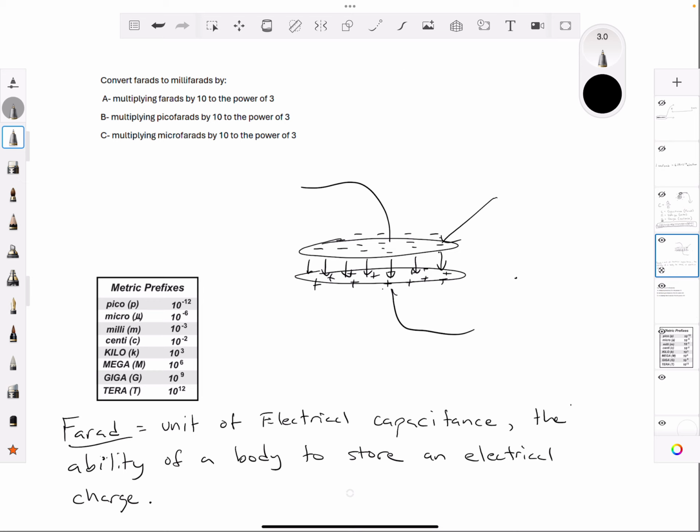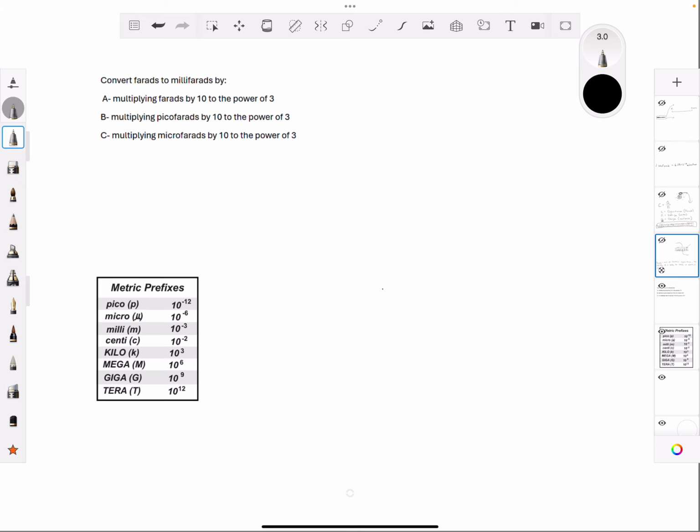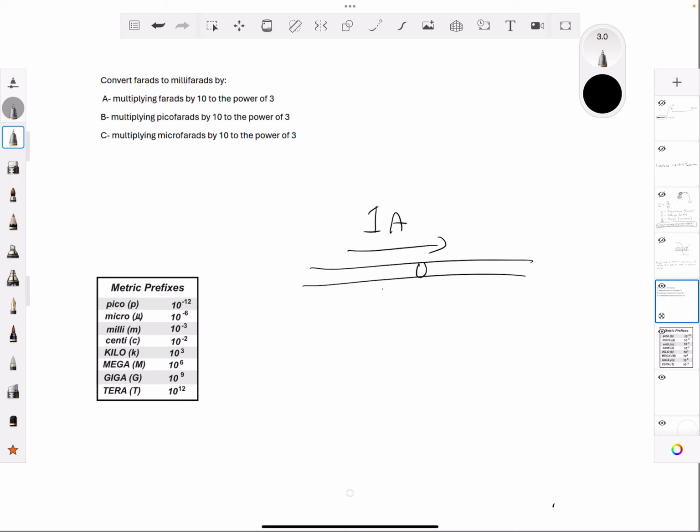Also, we haven't really talked about it yet, but what is current? Current is like when we have current flowing in a wire. Here's a wire. If I have current of 1 amp, and I take a cross section of this wire, 1 amp is 1 coulomb per second.